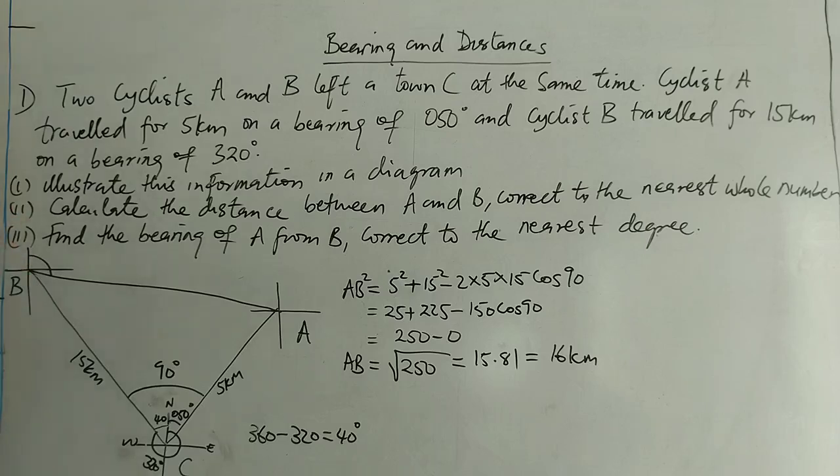If we find it, that is the bearing. So what do we do? In order to find it, we need to fashion out a plan which will help us get that. And the plan we can fashion out is this. If we can find this angle here, let me call it X, and then get this angle here, let me call it y.